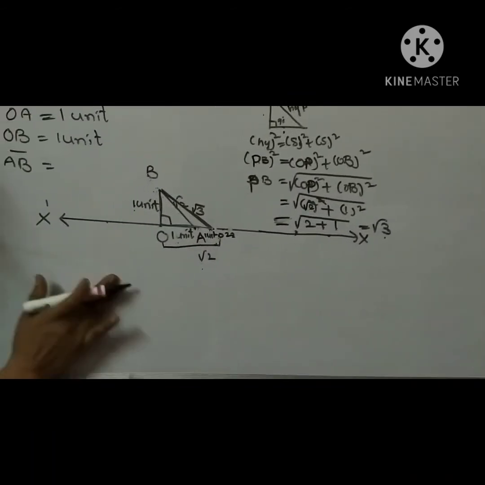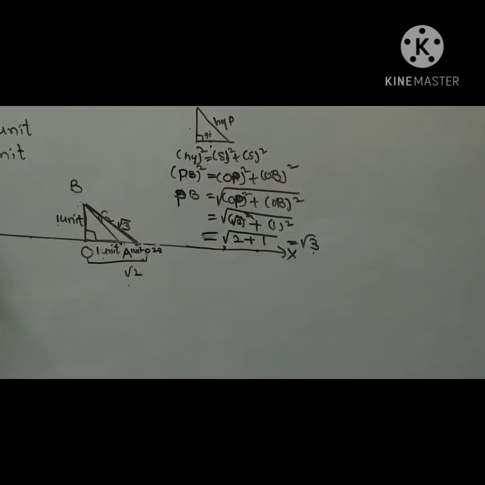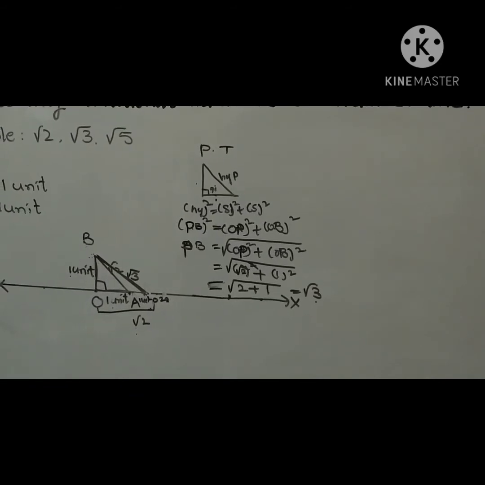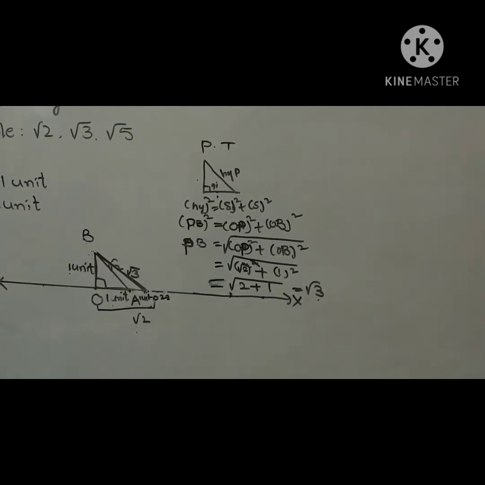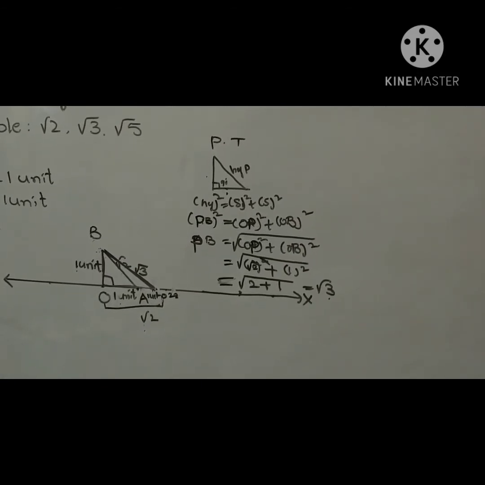Okay. Next. PB distance is already completed. Next, root 5 on the number line. Now you have to take the distance of PB.